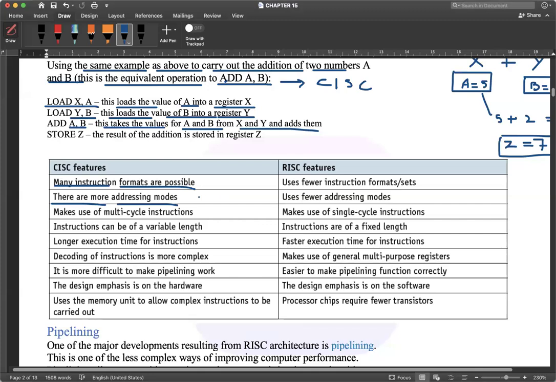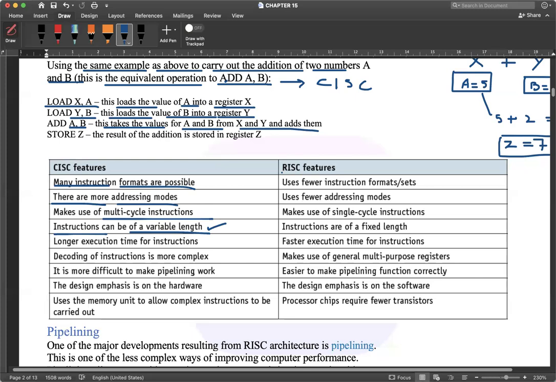The addressing mode topic, I think we have done in AS level. Number three, make use of multi-cycle instructions. Multi-cycle instructions means several instructions work in a cycle, multiple cycles work with multiple instructions. Number four, instructions can be of variable length. It means the length of an instruction may be complex and detailed, or it may be short.